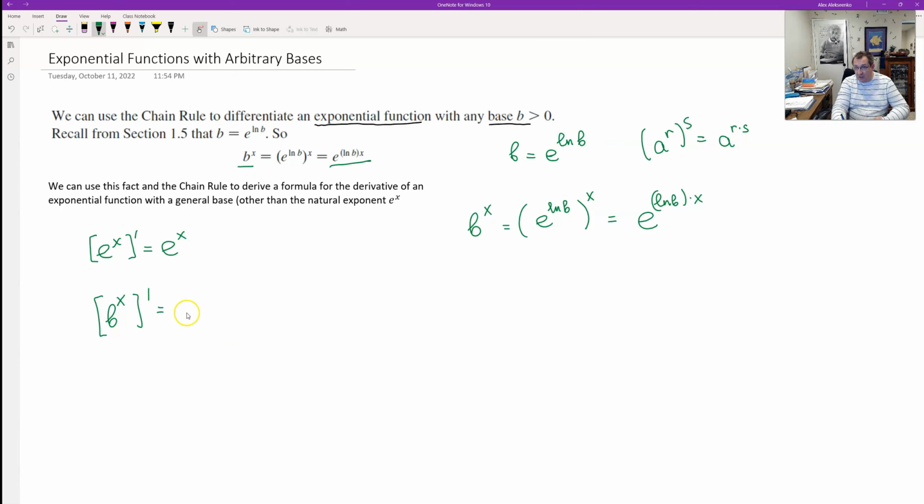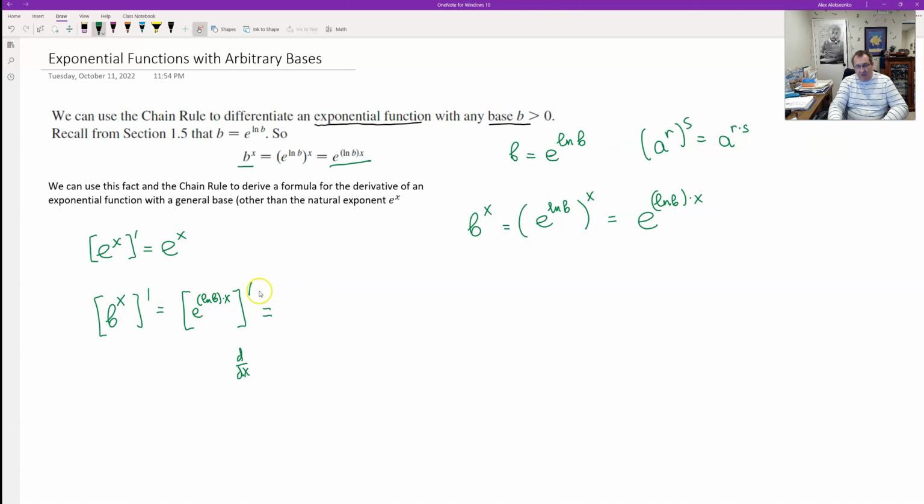Now we can try to use that formula to derive the derivative of an exponential function for an arbitrary base. So instead of b raised to x, we will put the exponential of natural log b multiplied by x, and we will take a derivative. In this case, the derivative is taken with respect to x.